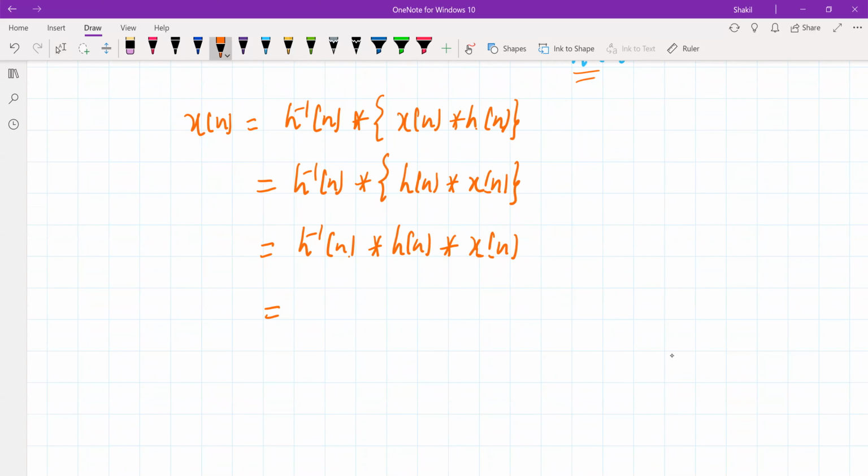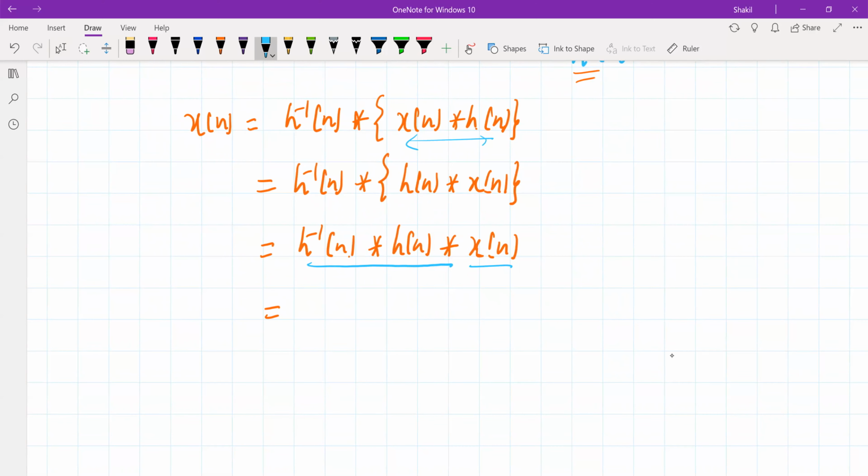Now what can we say about this operation such that the whole thing goes away and we are left with x of n? That's our job, to recover x of n from this input, which is the output of the original system.